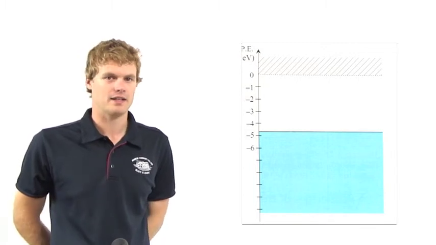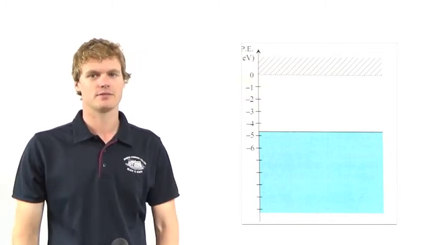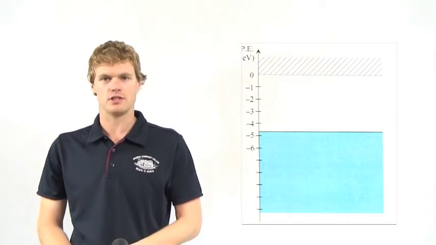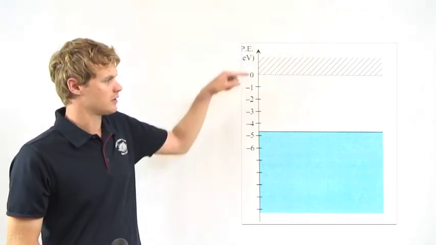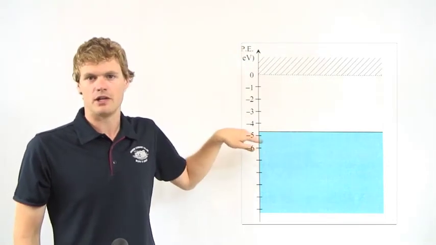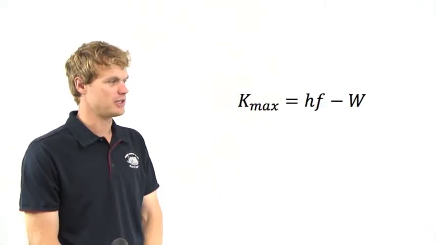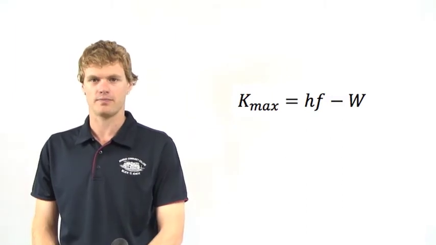So we can calculate the kinetic energy of our electrons based on knowing the work function, which is the minimum energy required to remove an electron, and knowing the energy of our incoming photons. So the kinetic energy is going to be equal to the energy take away our work function.